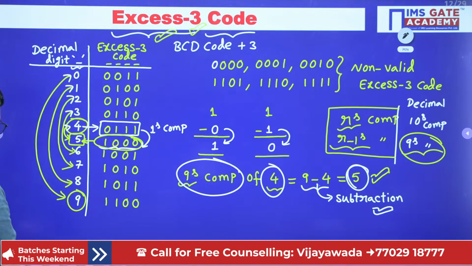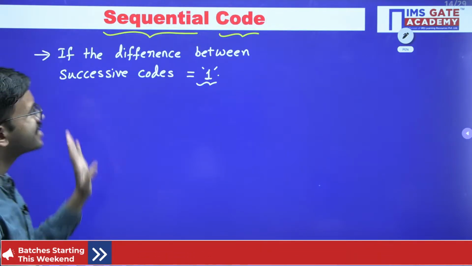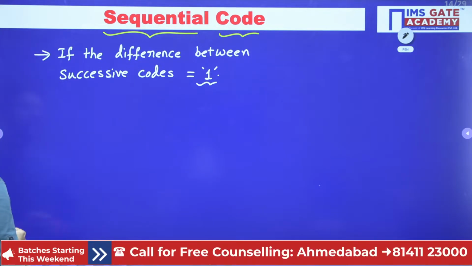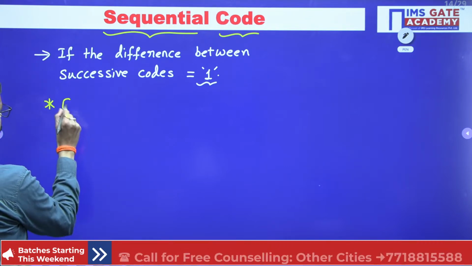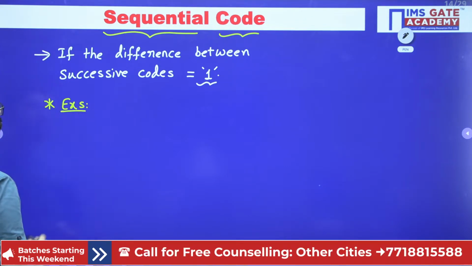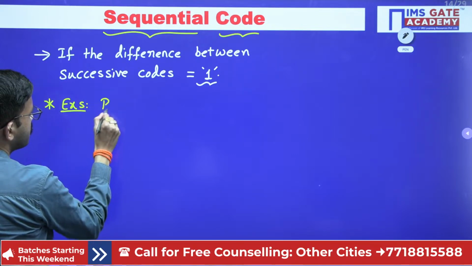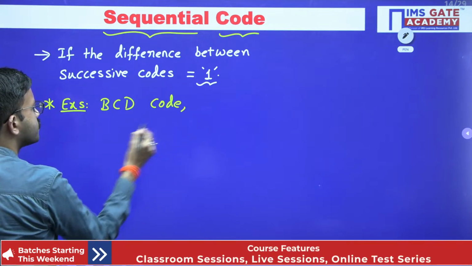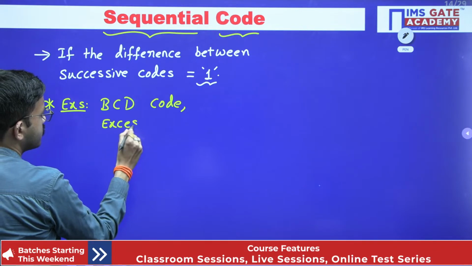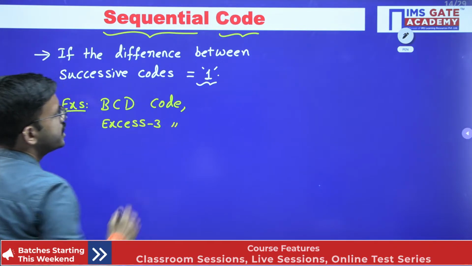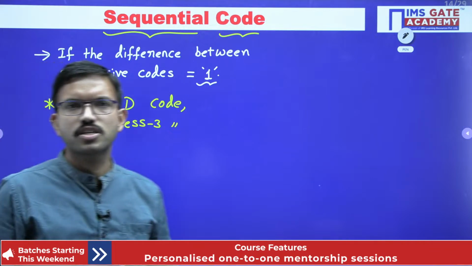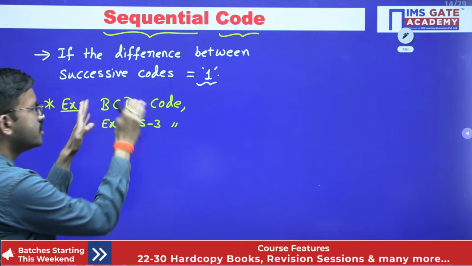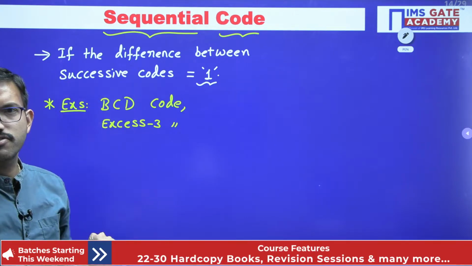That means the BCD code and XS3 code we have discussed, these two are the examples of sequential code. I hope all of you got the clarity on what sequential means and how these two codes come under examples of sequential code.